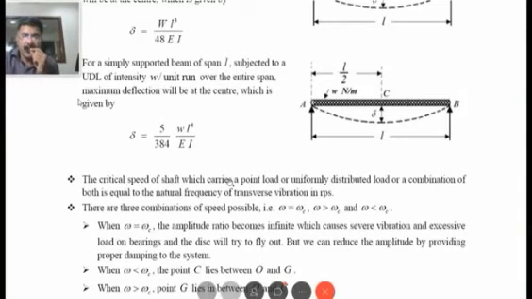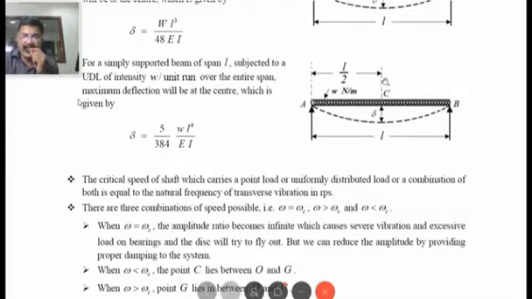Now, the critical speed of a shaft which carries a point load or a uniformly distributed load or a combination of both is equal to the natural frequency of transverse vibration. That is, if you apply a transverse load, if you deflect the beam by applying a force and release it, it will vibrate like this. There will be transverse vibration, and that transverse vibration will be in hertz.